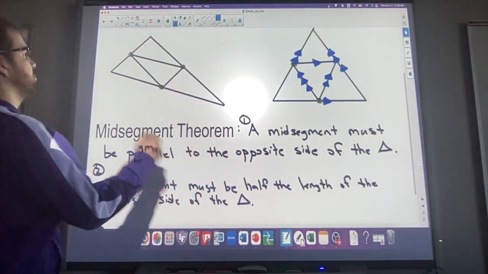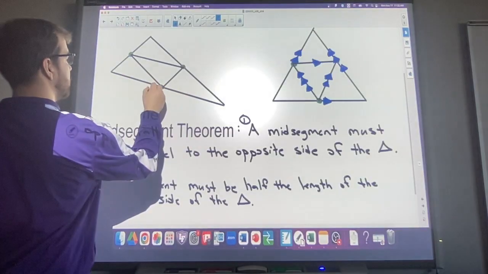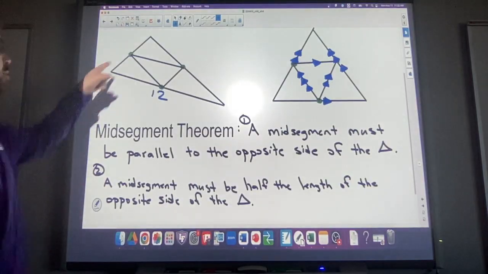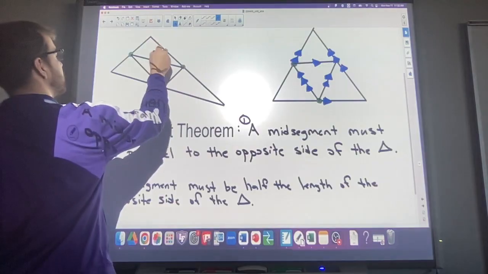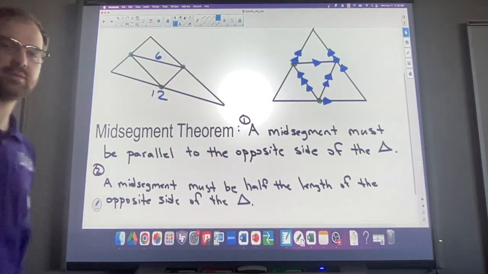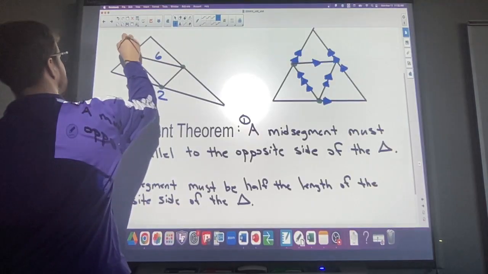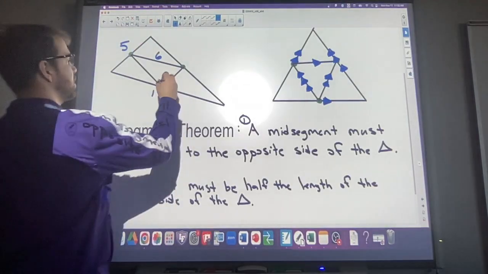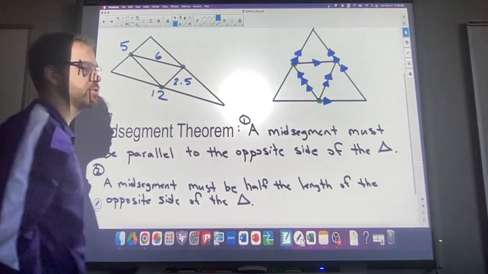If I told you that this full side of the triangle, from here to here, was 12, we would know that the matching midsegment, the opposite one, has to be 6. And if I told you that this side of the triangle is 5, you would tell me that this midsegment is 2.5, because we just divide 5 by 2.